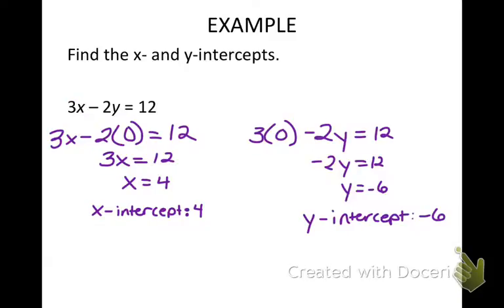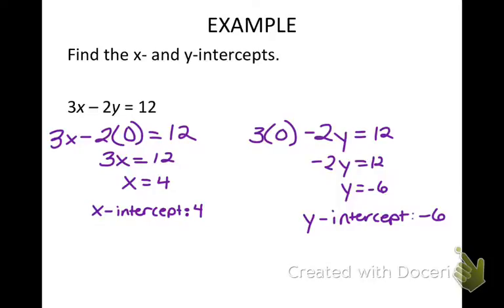Negative 2. If I covered up my y part, 3x equals 12, so x would equal 4. So sometimes you'll see students just put their pencil physically over top of the x term or the y term and then solve for it.